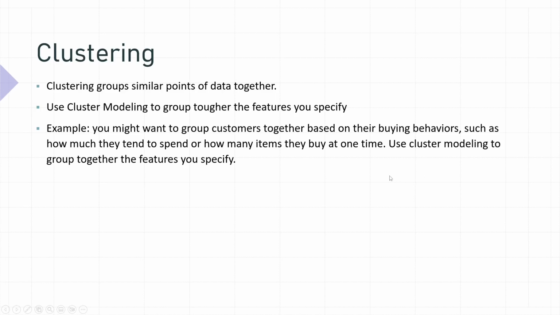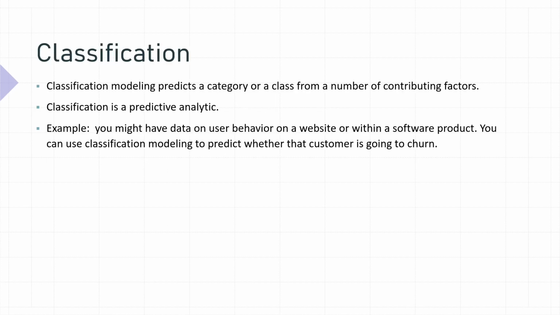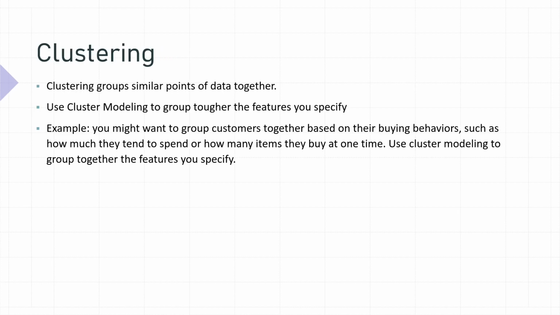Cluster monitoring groups together the features you specify. I look at it as taking it a little bit further. Now you're going to take actions based off the categories, the groups that you've created, whereas classification makes a class. Here, you're grouping behavior-based. You're still a customer, but you're going to be a high-spending customer or low-spending customer, based on what kind of behaviors and what makes that. They're very similar.